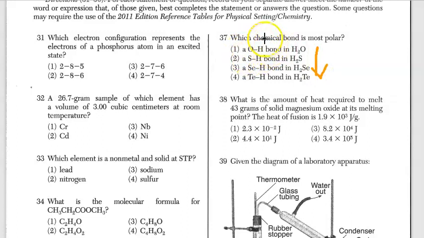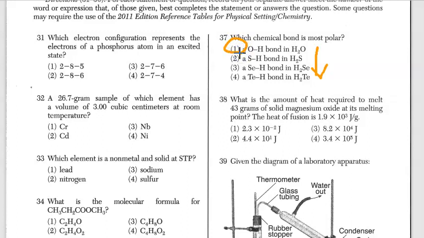So we know that oxygen and hydrogen are going to have a more polar bond than the other three because of that trend. And we also know water has special properties because the attractions between water molecules is very strong and known as hydrogen bonding. So our answer here is choice 1.